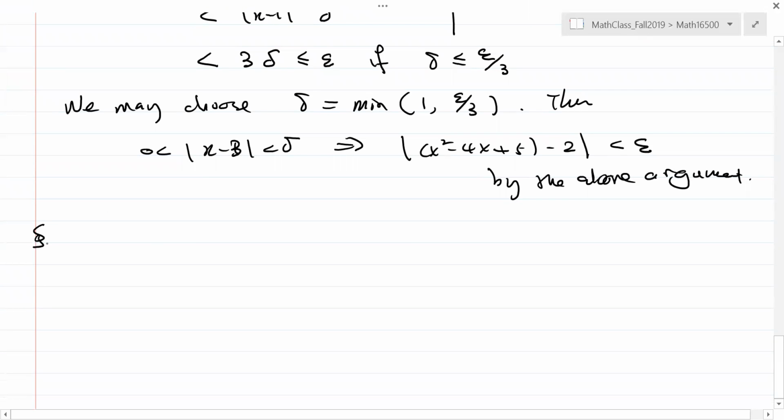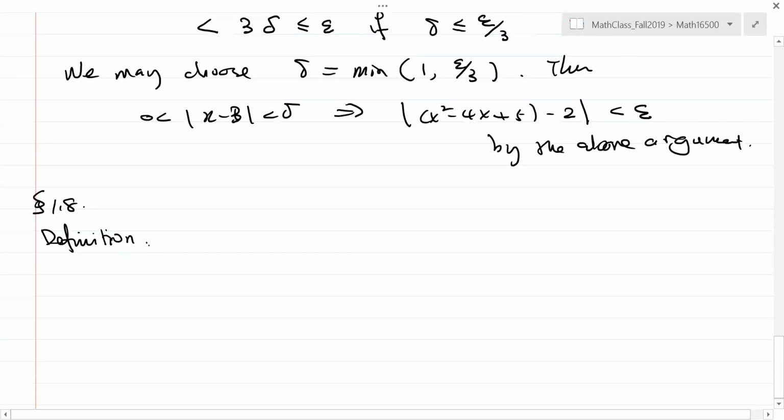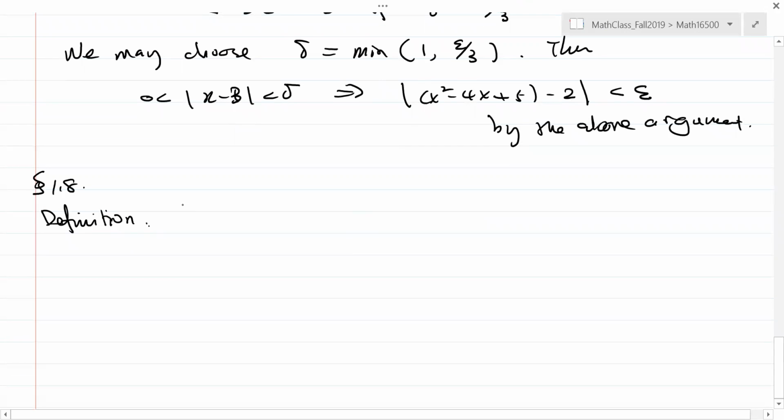Now, section 1.8. Here's the definition of continuity. When we talk about a function, right? Here's the definition. Given a function, we want to say the function is continuous at the number, okay?